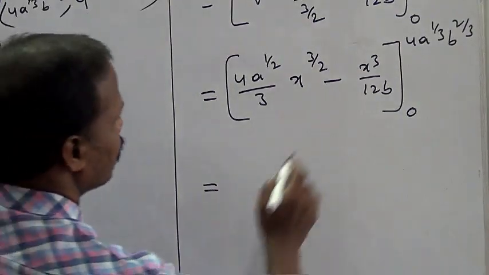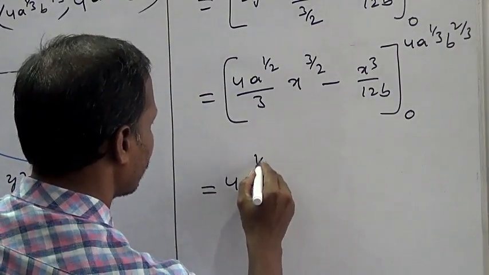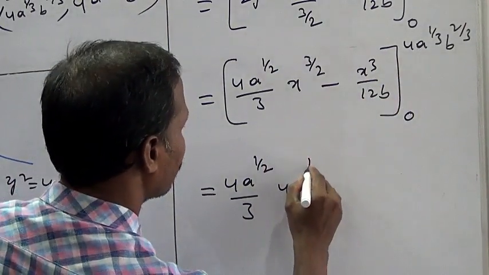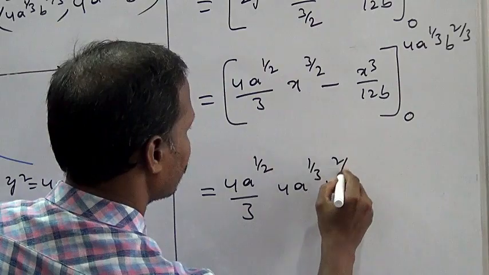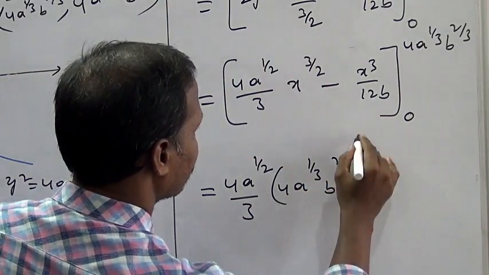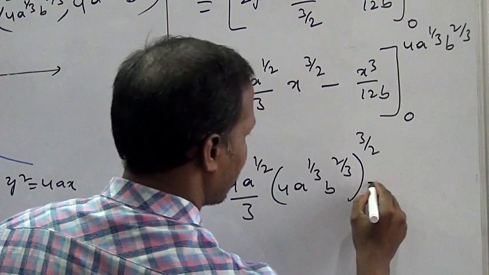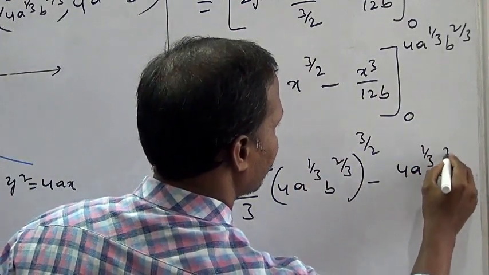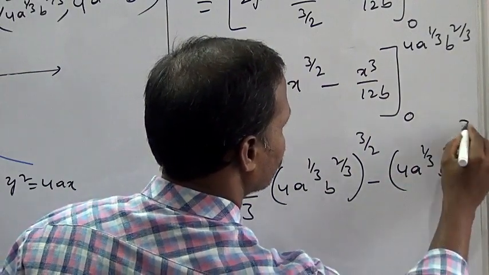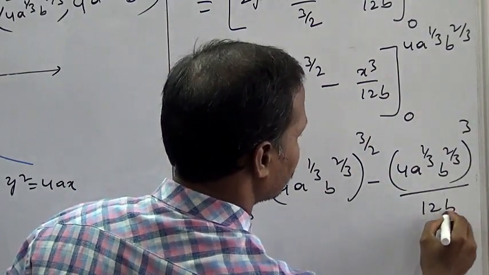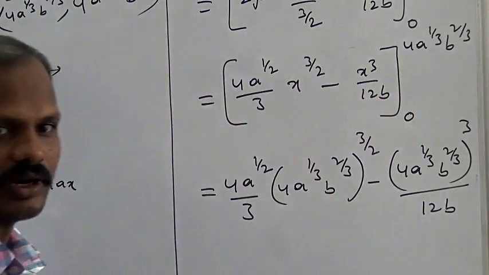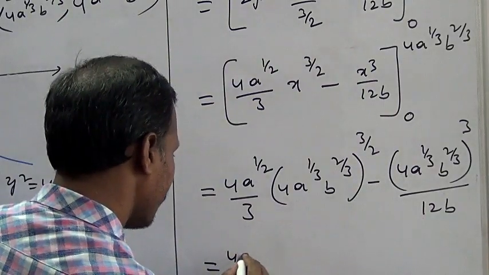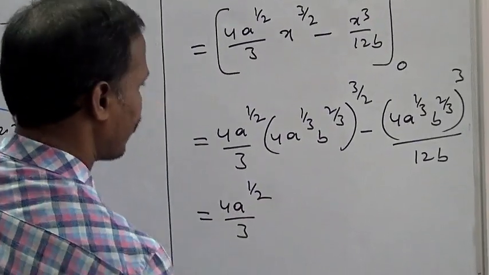Upper limit: 4a^(1/2) by 3, what is the x value? 4a^(1/3) b^(2/3), whole power 3 by 2, minus x cube, 4a^(1/3) b^(2/3) whole cube by 12b. If you substitute 0, the total value is 0. Leave it.